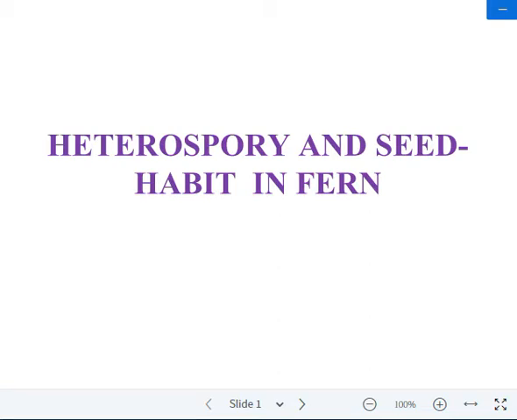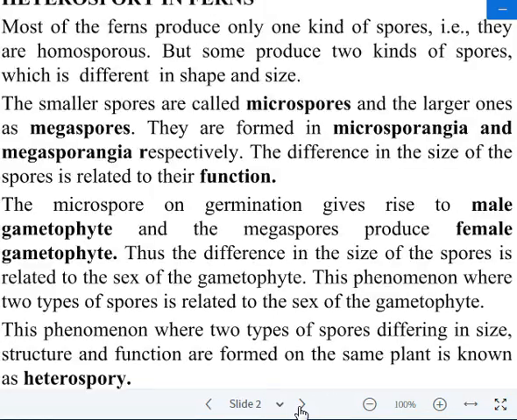So this tendency of the fern in which two different shapes and sizes of spores are produced is known as heterosporous tendency of the fern. Most of the fern, as I discussed with you, produce only one kind of spore.